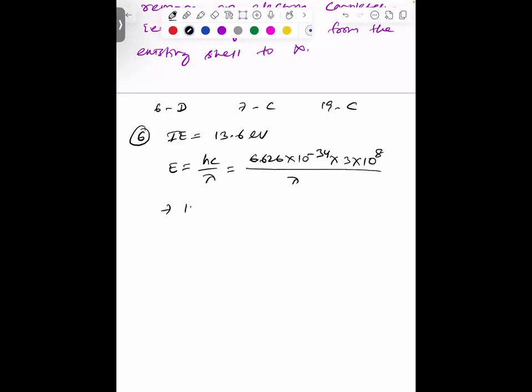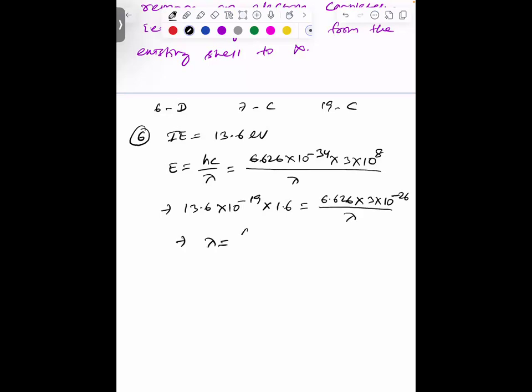So energy we write as 13.6 into 1.6 into 10 to minus 19 joules, we convert. So it is 6.626 into 3 into 10 to the power minus 34 plus 8, that is minus 26, by lambda.